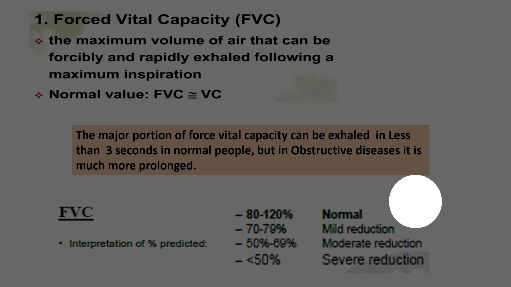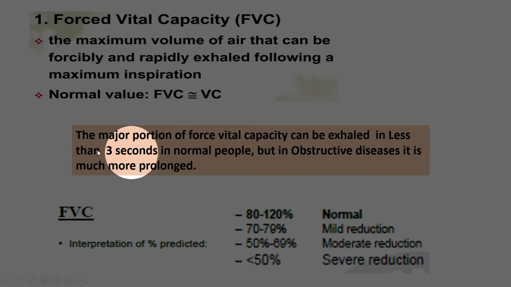So this amount is basically the forced vital capacity. Usually the vital capacity is equal to forced vital capacity, and the major portion of the forced vital capacity can be exhaled in less than 3 seconds in normal people, but in obstructive diseases it is much more prolonged.